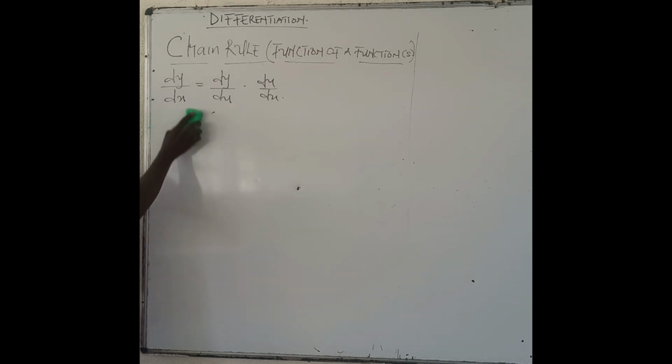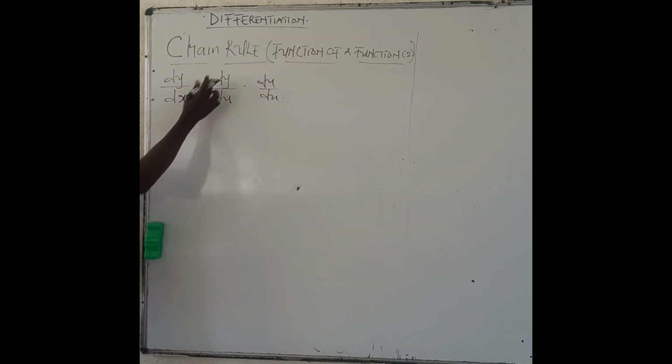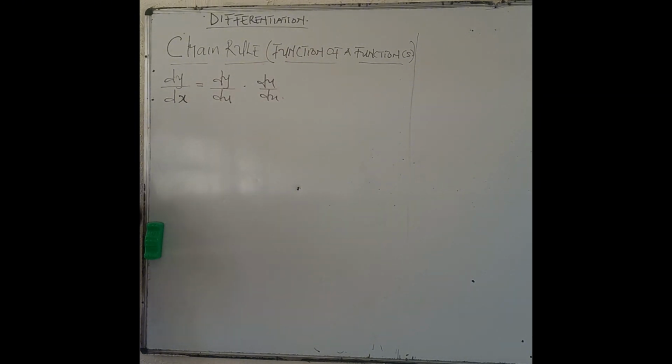So, please, whenever you have a question on chain rule, this is the formula you are going to take: dy over dx is equal to dy over du multiplied by du over dx. So, let's look at an example.